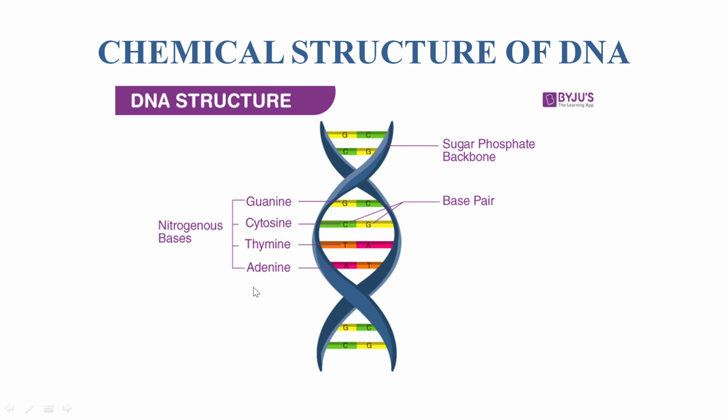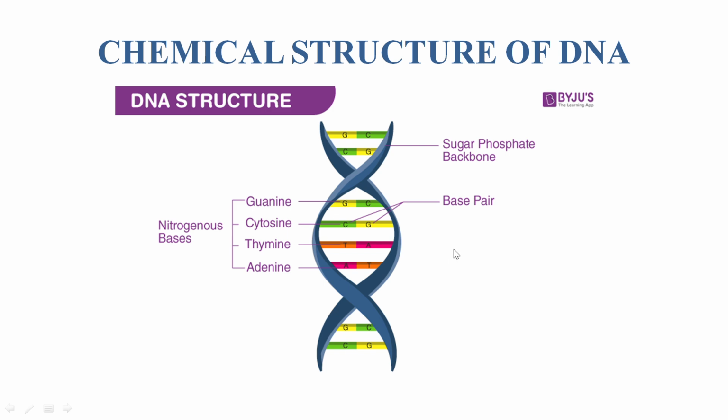These two strands of DNA run in opposite directions. These strands are held together by hydrogen bonds that are present between the two complementary bases. The strands are helically twisted, where each strand forms a right-handed coil and 10 nucleotides make up a single turn. The pitch of each helix is 3.4 nanometers.